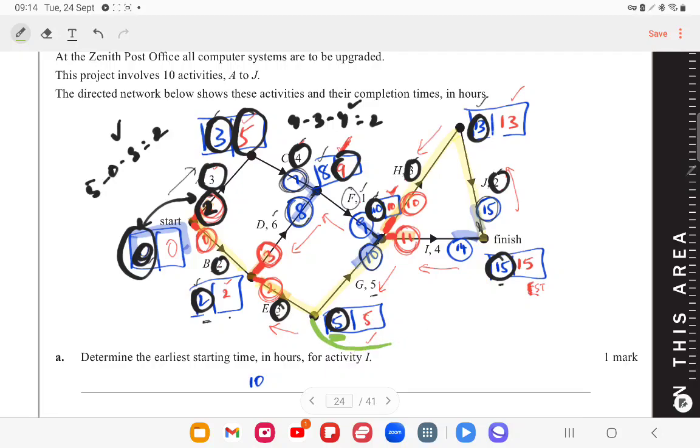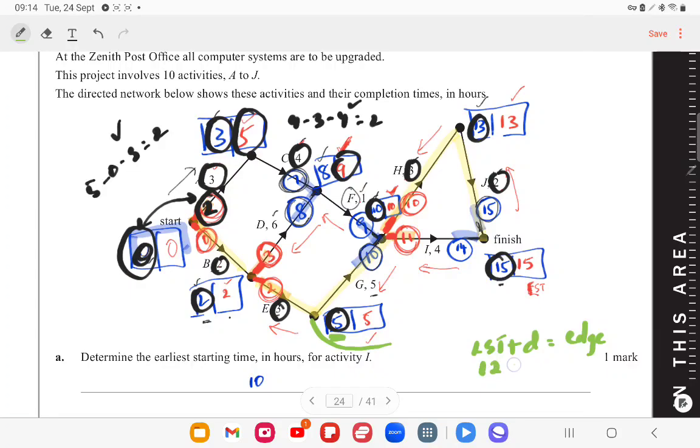I found that if we have the duration and we have the latest starting time, we can add these two to actually get the edge from which it originates.